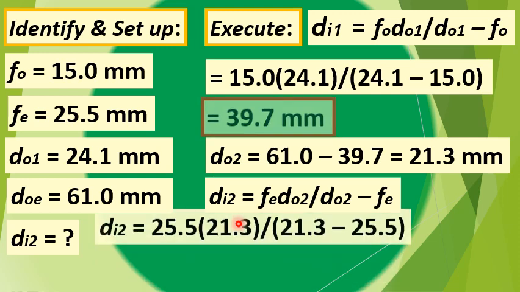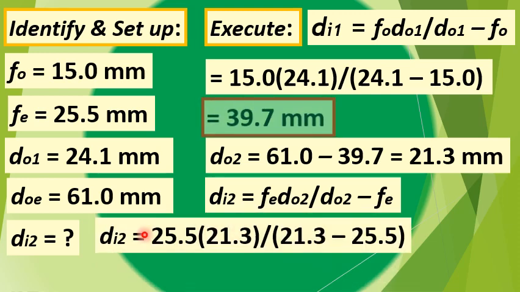Substituting, we get d sub I2 equals 25.5 millimeters, that's the focal length of the eyepiece, times 21.3 millimeters, that is the object distance number 2.